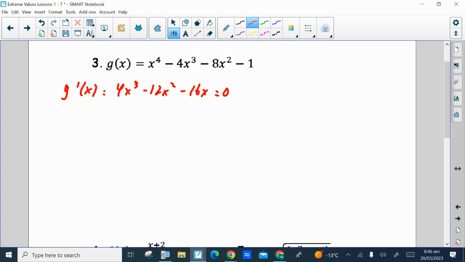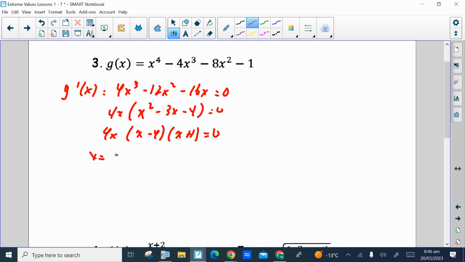So in this case, we can take out a common factor of 4x, which is nice because we're going to be left with a quadratic that we can factor. And the factors would be (x take away 4)(x plus 1). So our x-intercepts, our zeros are at 0, positive 4, and negative 1.